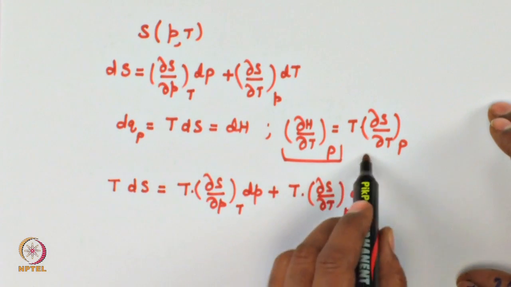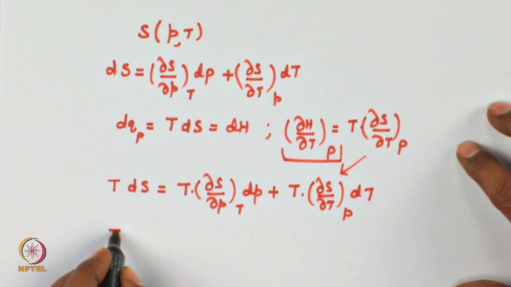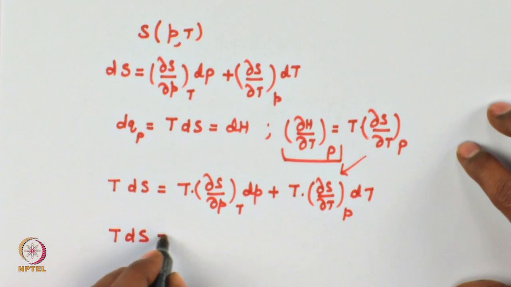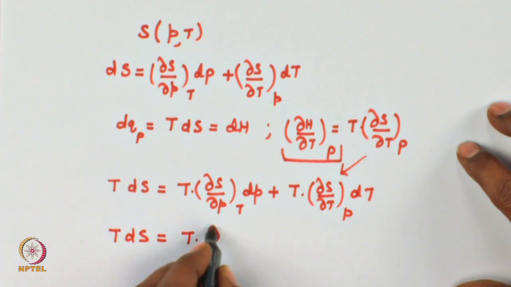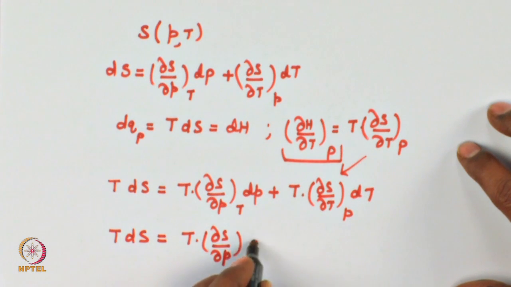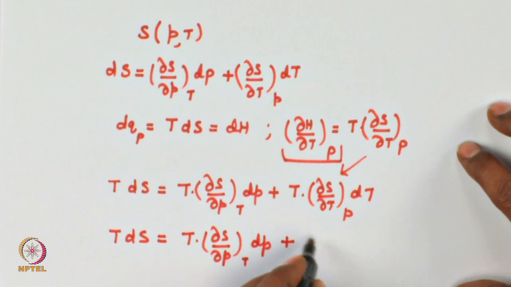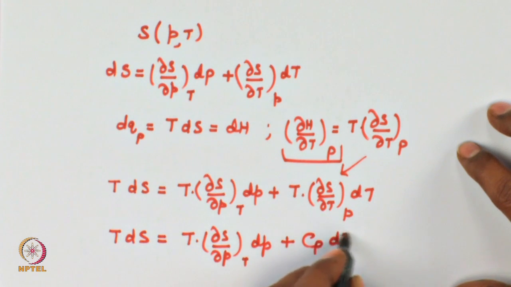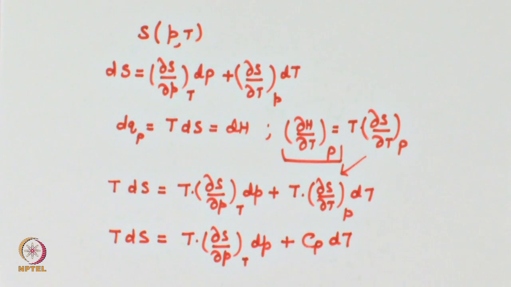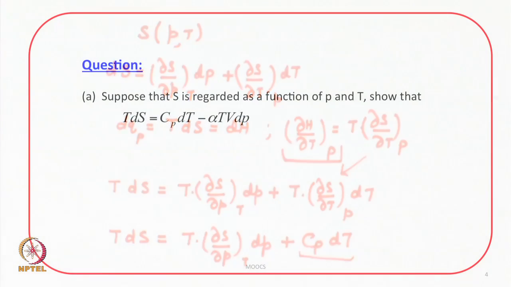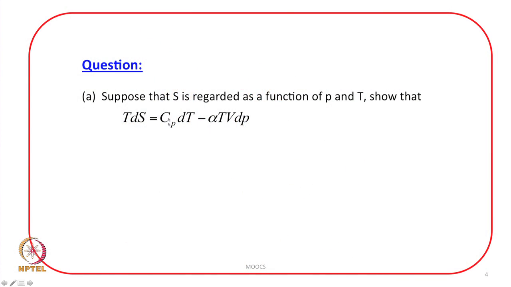Now, I can use this information over here, and I have TdS is equal to T into dou S dou P at constant temperature dP plus Cp dT. So, at least one part we have been able to get as asked in the question, Cp dT is there.